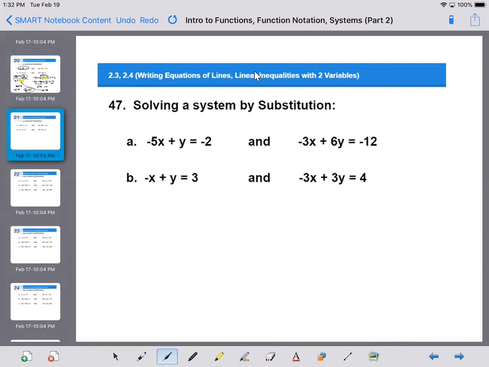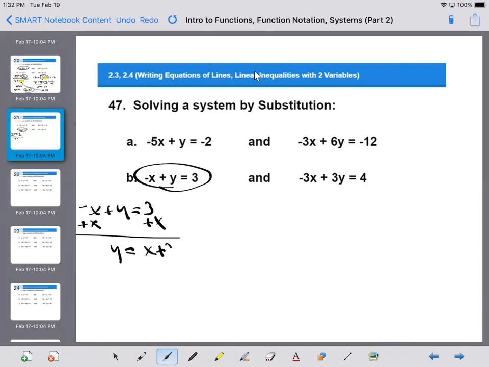Next, I'm going to do the same thing, solve this one for y. I'm going to add x. So y is equal to x plus 3. And then I'm going to take that and substitute it in for y. Negative 3x plus 3 times x plus 3 equals 4.